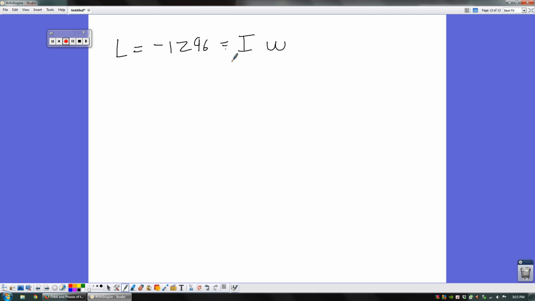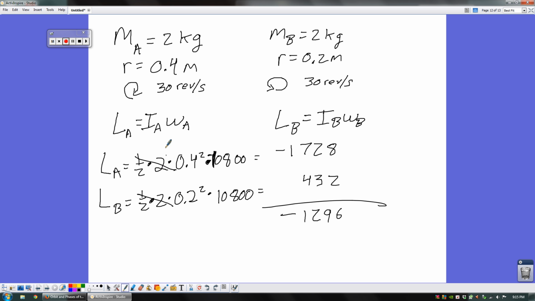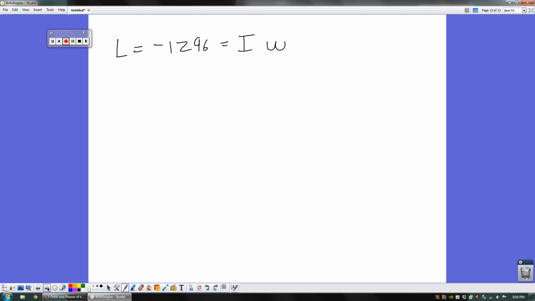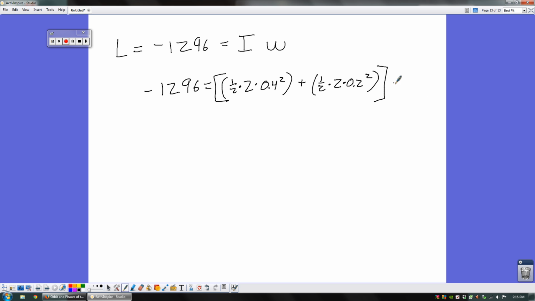What's the moment of inertia? The moment of inertia is going to be the moment of inertia of A plus the moment of inertia of B. You just add them up. It's crazy. It's brilliant. It's calculus. So I get negative 1296 equals 1/2 times 2 times 0.4 squared plus 1/2 times 2 times 0.2 squared, times omega.